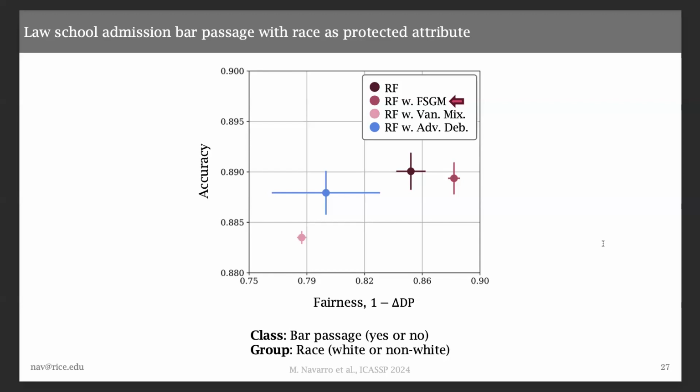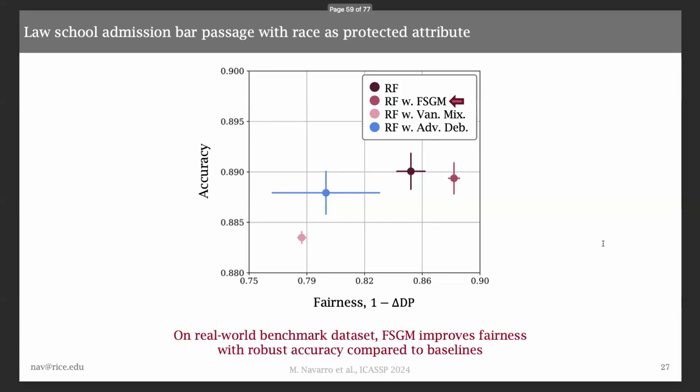And so what we have is that with our method, we're able to improve the fairness of the model without too much of a sacrifice in accuracy. And this is a very nice result because it's really hard to improve fairness of models without sacrificing some accuracy, because usually these sensitive attributes in the real world data are very correlated with the predictions that we want to make. So we're able to improve the fairness and maintain robust accuracy for real world data.